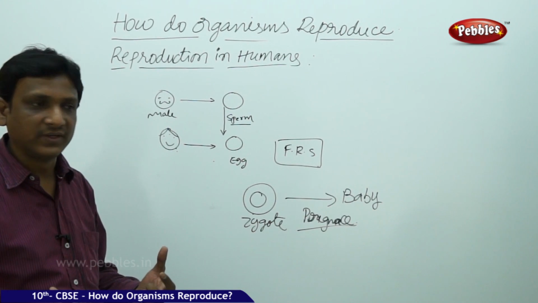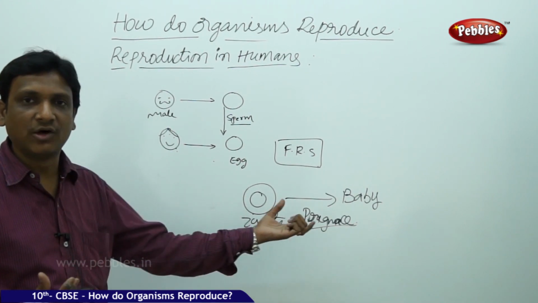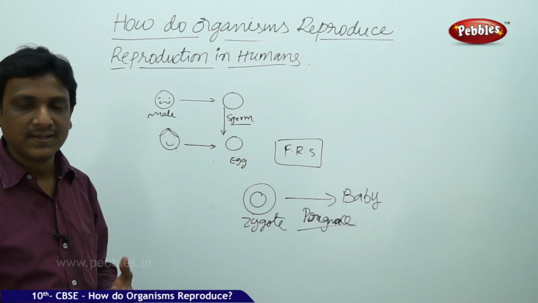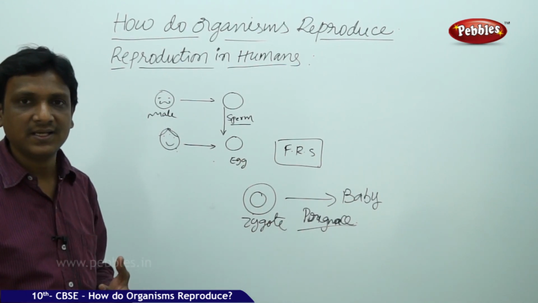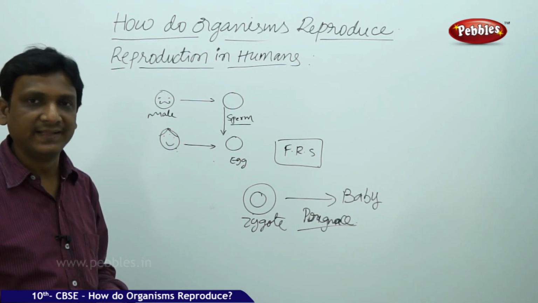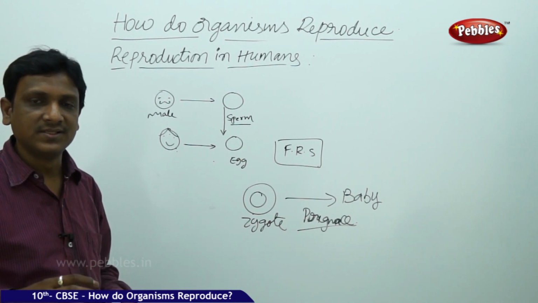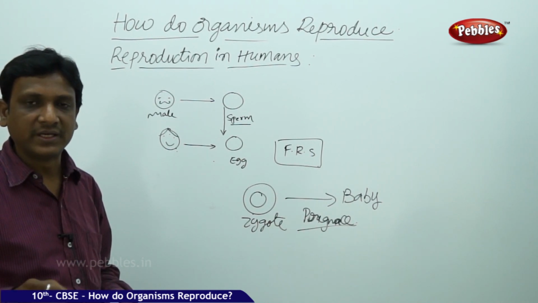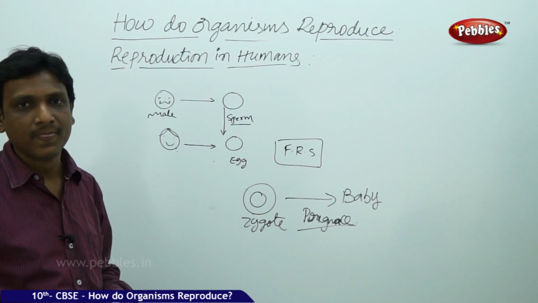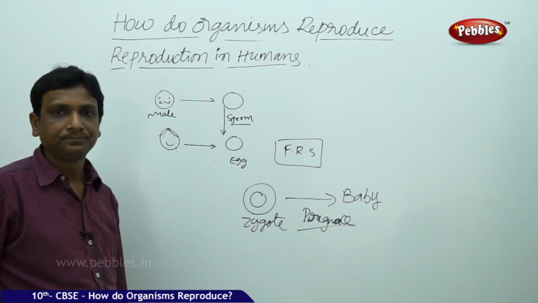For the period of gestation, 9 months, till the zygote is developed into completely a baby, the baby is accommodated inside the mother's womb. Such arrangements are done there to provide all the nutrients, water, oxygen, everything needed for the growth of the baby.